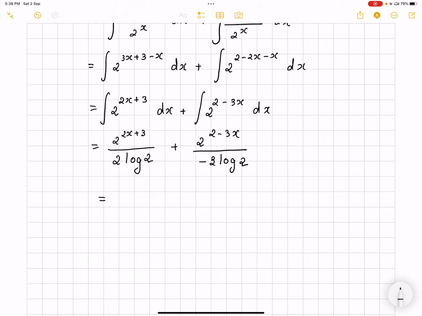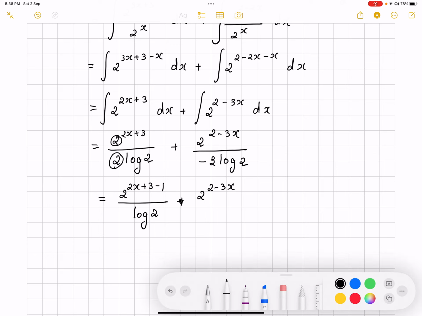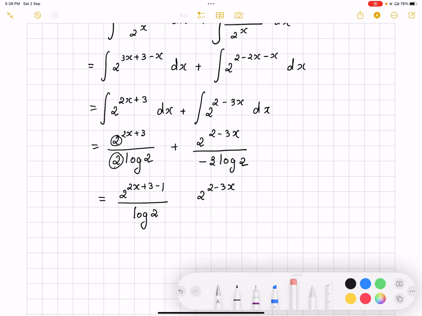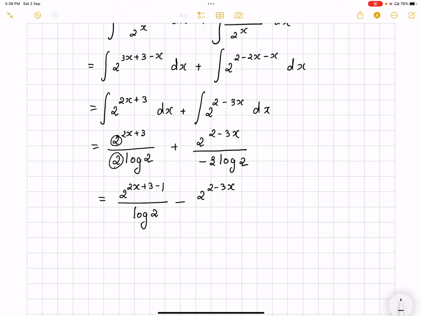One more thing we can do here. Even 2 has a common base here. So what I'm going to do: 2 to the power 2x plus 3 minus 1, divided by log 2. Why did I do that? Because here I have base 2 and here also I have base 2. And then plus 2 to the power 2 minus 3x, and this plus, let me make it a minus here, divided by 3 log 2.